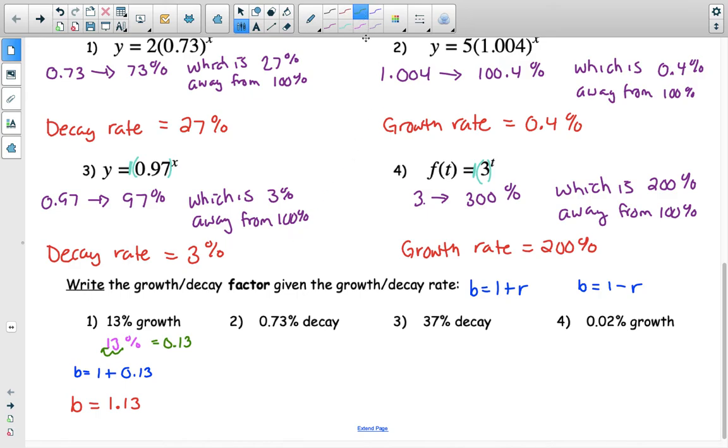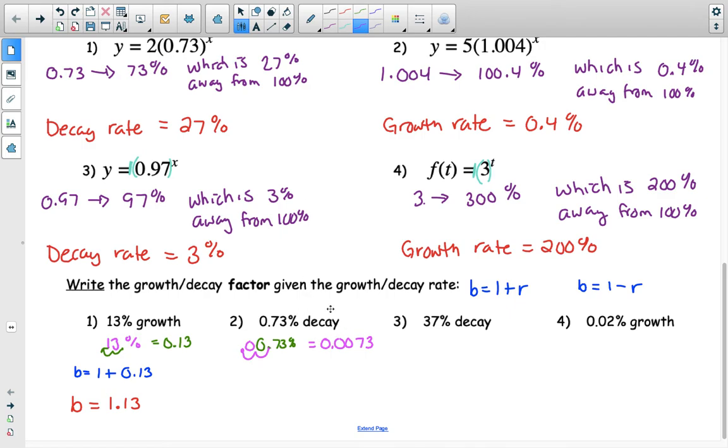Question 2, we need to change the 0.73 percent into just a decimal. So we're going to take our decimal and move it to the left twice. And we're going to add zeros in. So we end up getting 0.0073 is our actual rate as just a decimal.